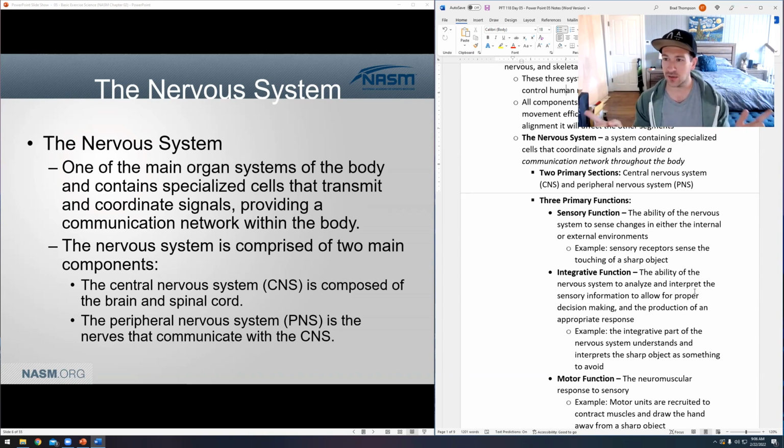I like the term communication network because it's information going in one direction, but it's also information going back in the other direction, right? Both of those come together, and that is how we get that communication network, right?